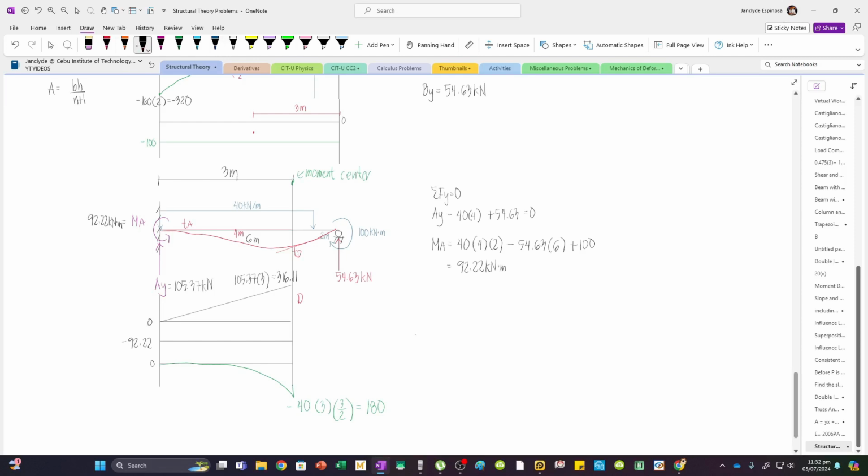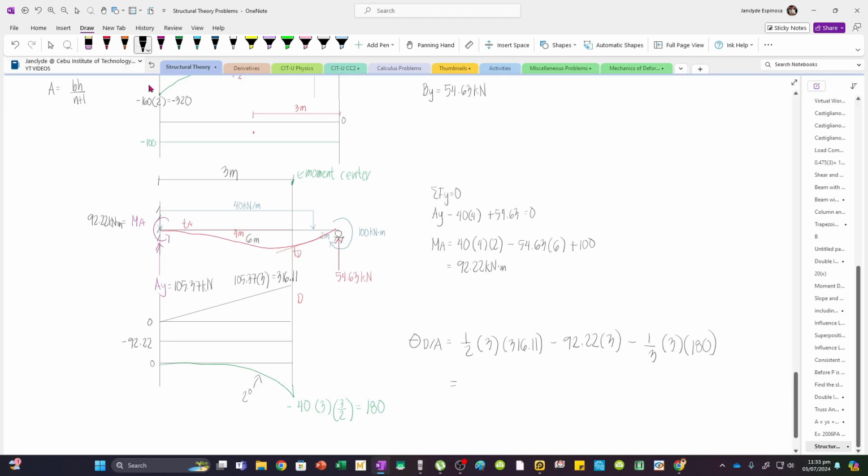Yan. So the slope at D with respect to the tangent at A, this is 1/2 times a base of 3 meters times a height of 316.11, and then minus 92.22 multiplied by 3, and then since this is a spandrel of a degree of 2, we're gonna use 1/3 times the base, which is 3 meters, multiplied by a height of 180. Again, this is negative because this is essentially a negative area.